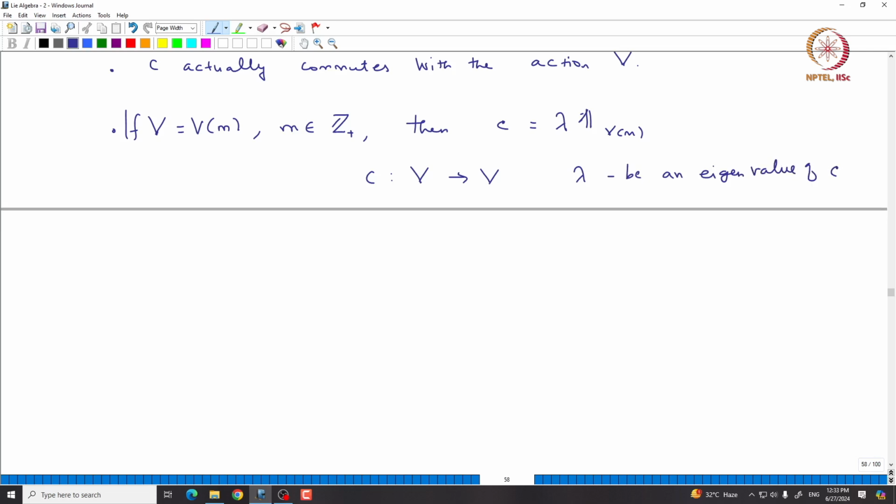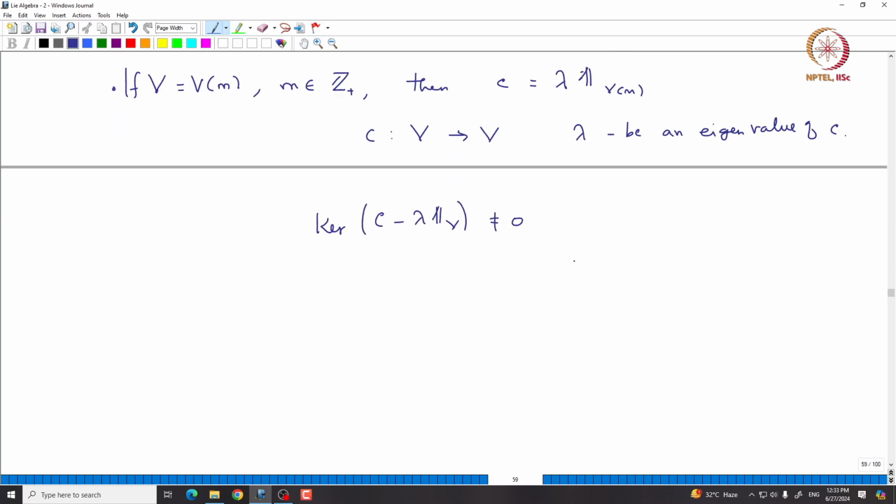So, let lambda be an eigenvalue of C. Then look at C minus lambda times identity on V. The kernel of this is going to be a non-zero space inside V, and you can easily check that this is an sl2 submodule, because C commutes with the action of sl2 and lambda times identity commutes with the action of sl2.